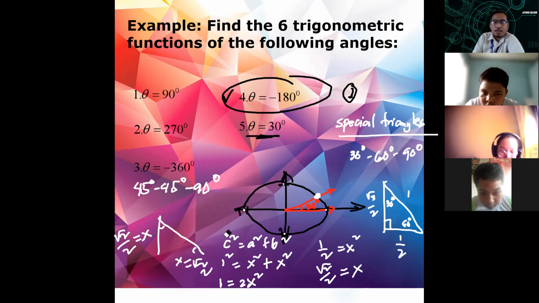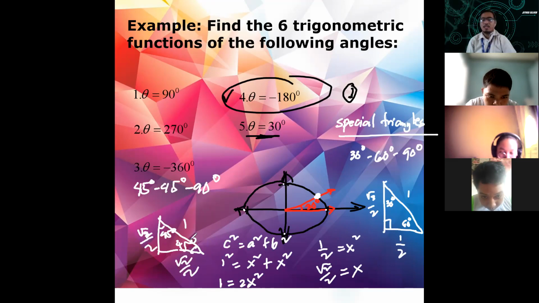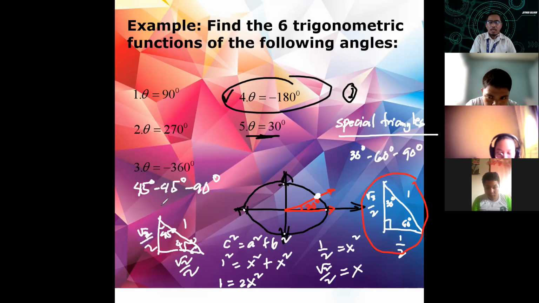Let me erase it clearly. If you have a 45 degrees triangle, this is 45 degrees, 45. The opposite of 45 is square root of 2 over 2, square root of 2 over 2, and the longest side is 1.